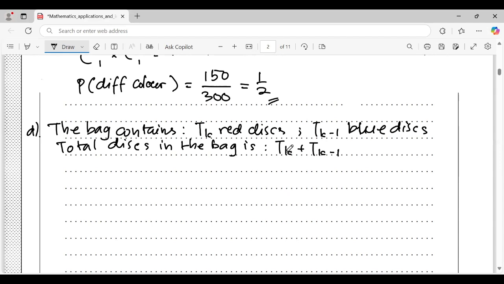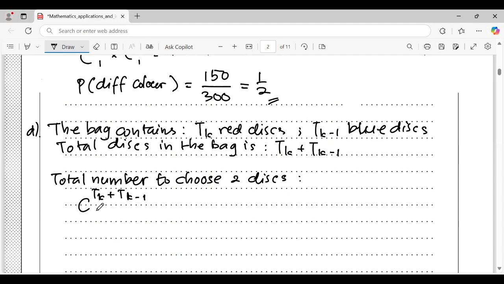And the total number of ways to choose 2 discs is the combination of the total discs, Tk plus Tk minus 1, taken 2.